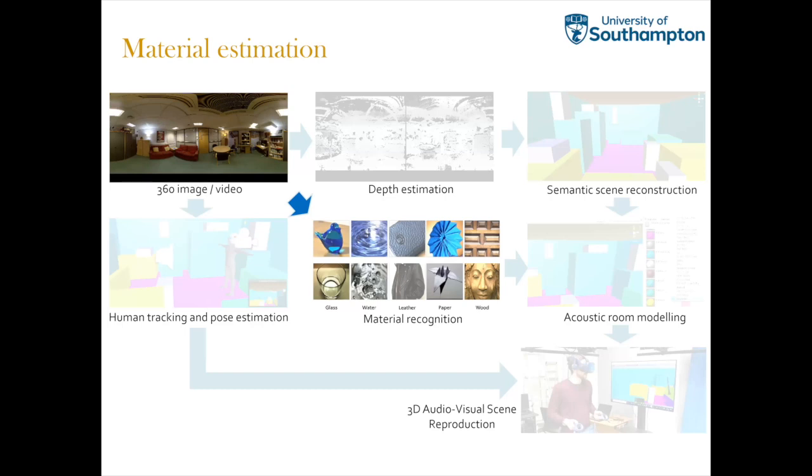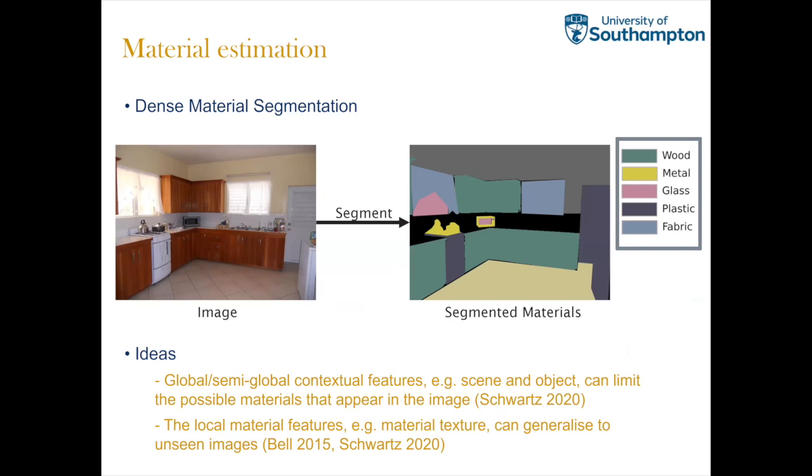The other one is material recognition. Material recognition is even harder than depth estimation, because even for humans it is really hard to tell what kind of materials they are. For example, this is a kitchen, so we can assume that this might be wood, this should be a window, so it's glass, and this might be plaster or concrete.